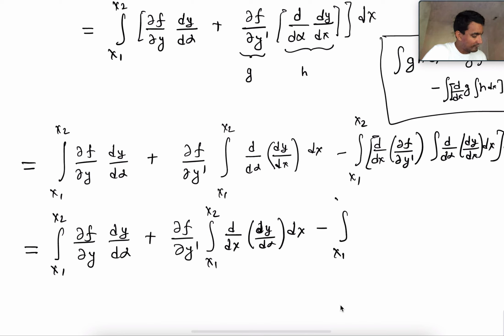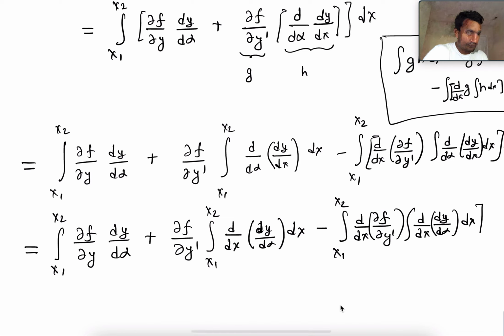So we have x1 to x2 dy by dx del f by del y prime, and then we have the integral d by dx of dy by d alpha dx, and then the whole thing integrated.